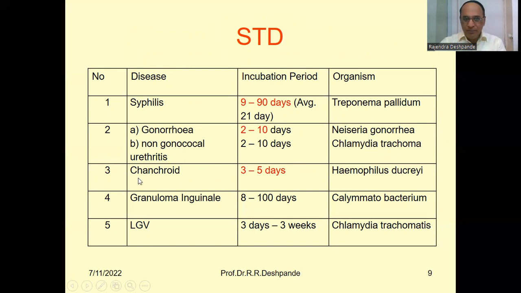Then for chancroid, again the incubation period is short, 3 to 5 days, and the organism is Haemophilus ducreyi. Granuloma inguinale has a long incubation period, 8 to 100 days, and the organism is Calymmatobacterium. LGV, lymphogranuloma venereum, 3 days to 3 weeks, and the infection is Chlamydia trachomatis.